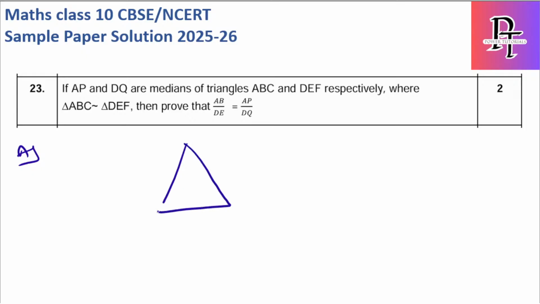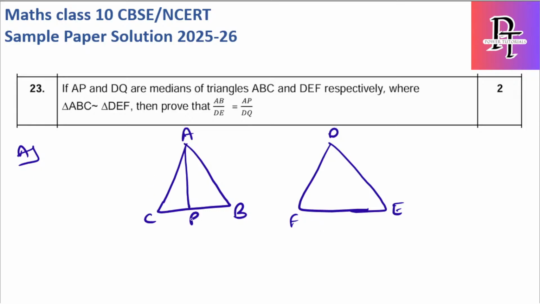We have triangle ABC and triangle DEF. It says that AP and DQ are the medians. AP and DQ are not right angles, they are medians. Medians means P is the midpoint of BC, and in the same way Q is the midpoint of EF.